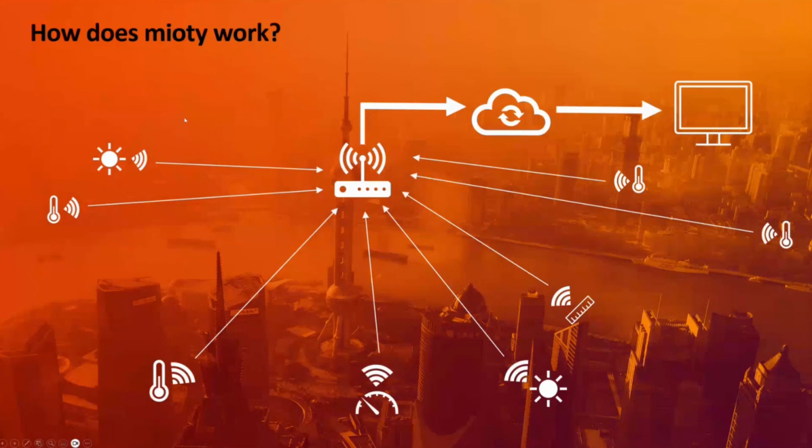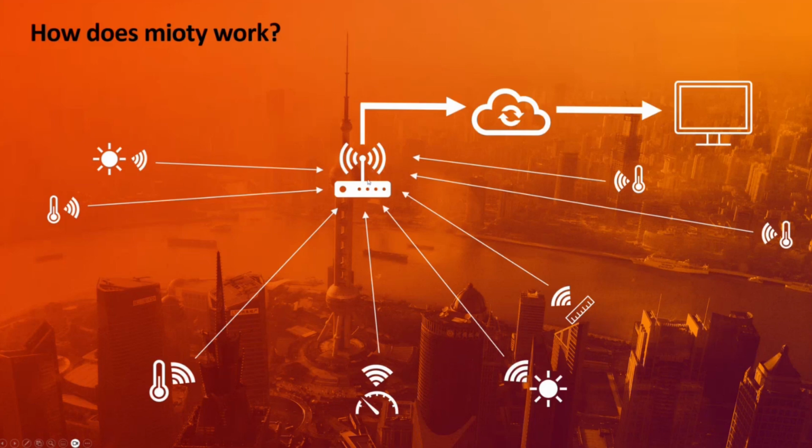So basically, I think you all know what we're speaking about. Just for those who are new to the topic, how does mioty work? Basically, the network topology is a star. So you have different kinds of sensors. That can be battery-powered sensors, meters, temperature sensors, water meters, electricity meters, environmental sensors that report all the data to a gateway or to multiple gateways.